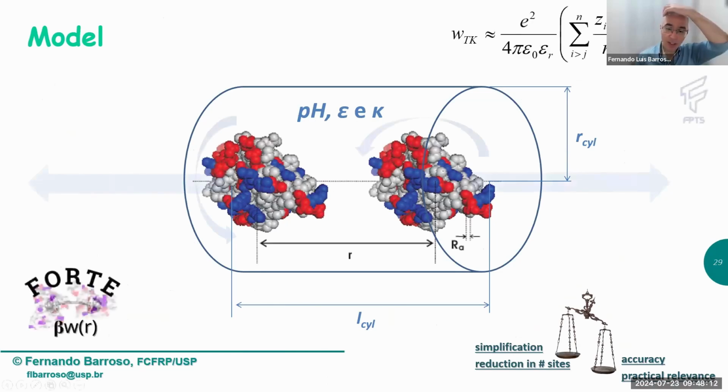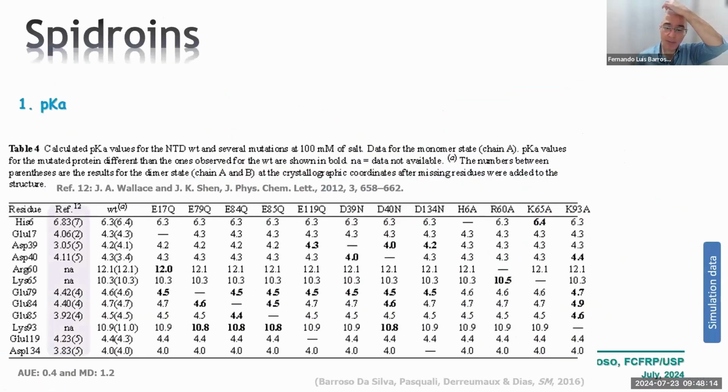Doing so, the first thing was to compare our data with available data, which in the literature were other studies only for the wild type. So we compared our pKas for the titratable groups of spidroin with this other simulation data. You can see our results. They are within the typical range that we observe in benchmarks.